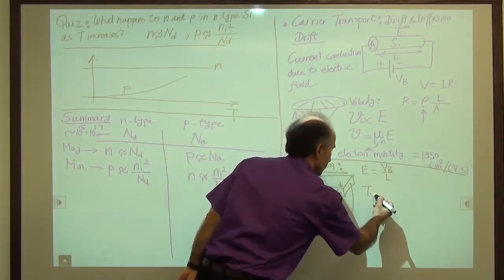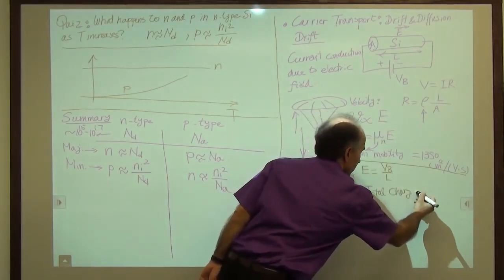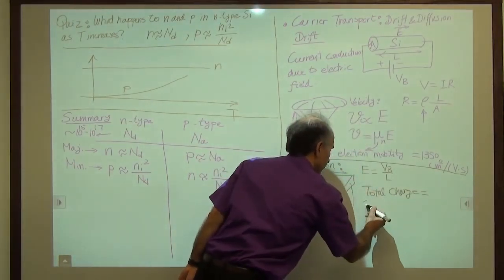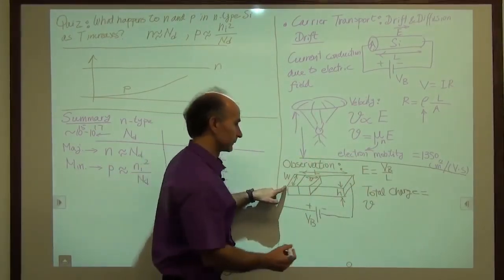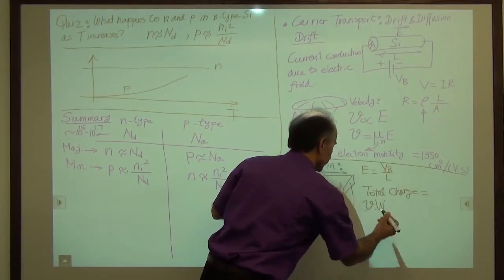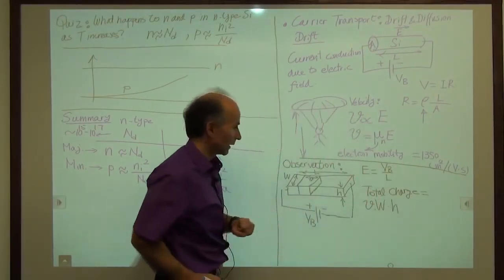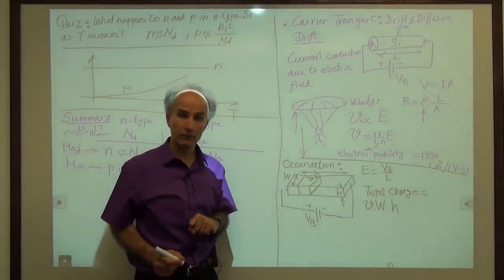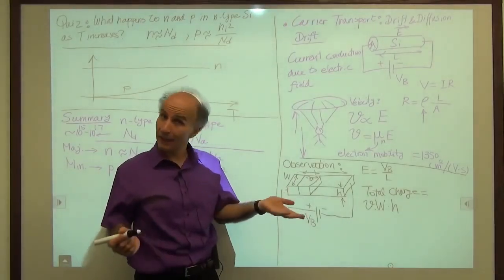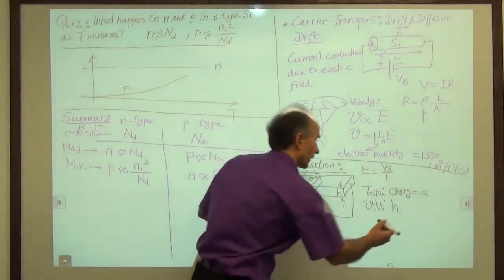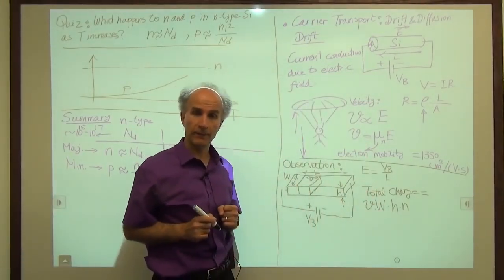So total charge is equal to, this dimension is v, this dimension is W, this dimension is H. That's the total volume. Now inside here we have a certain carrier density. Let's say it's an N-type material, so we have n free electrons per cubic centimeter.